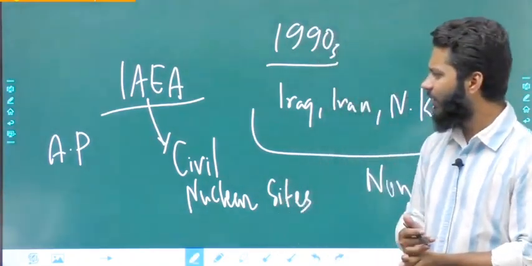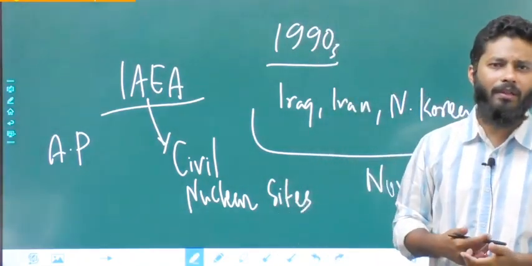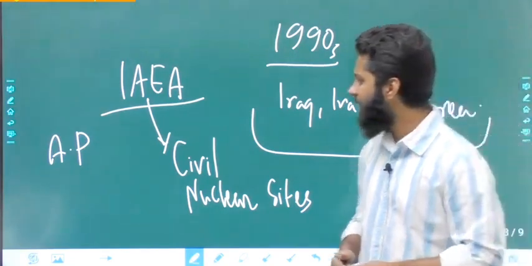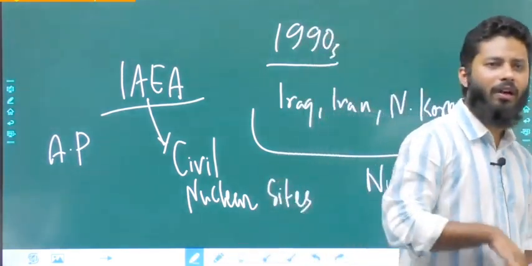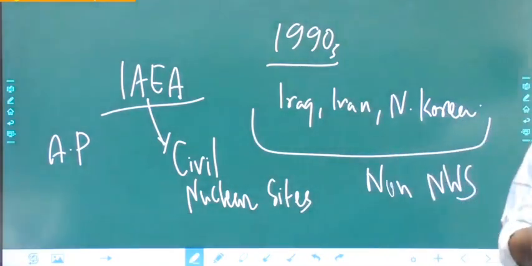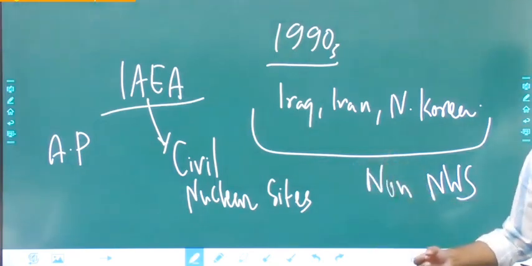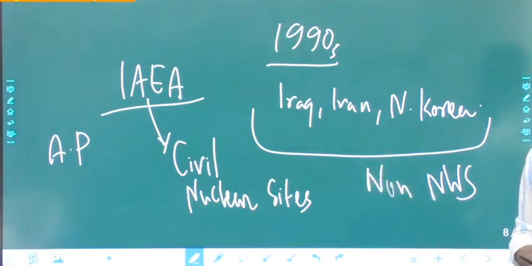So India got the IAEA to sign a different additional protocol, because in the additional protocol we cannot allow the IAEA to go and visit and investigate our military sites, right? So India signed a different additional protocol, not the original one, because the original additional protocol says that the IAEA will have the right to visit any site in the country.